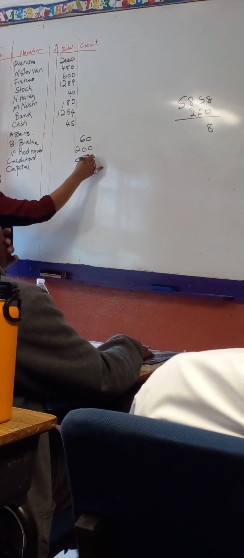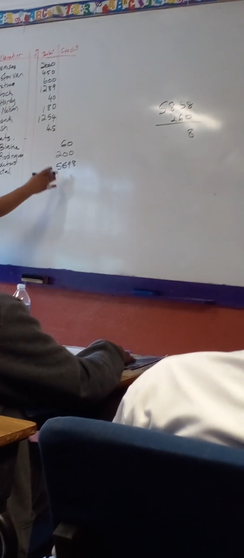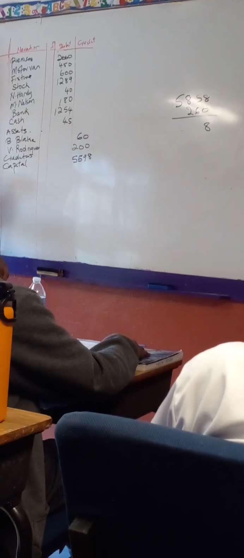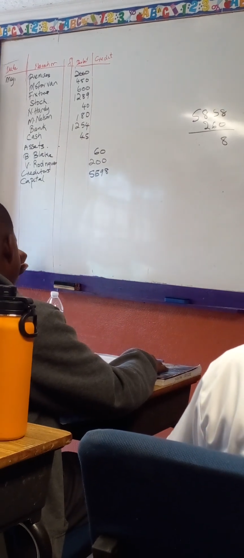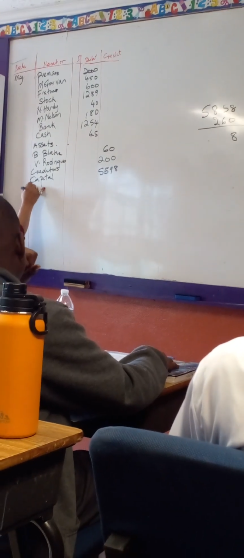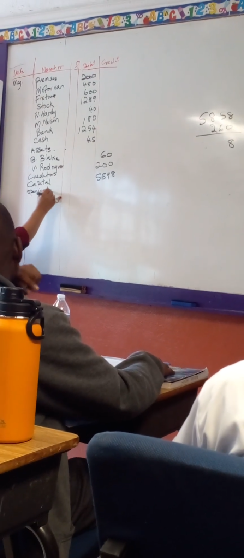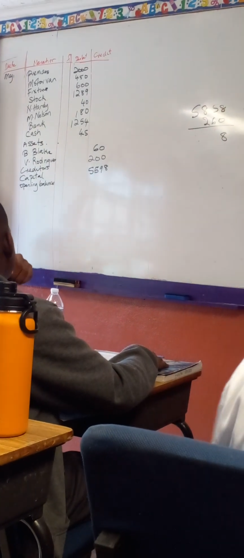If I tally this, this column would be equal to this column, so I'm good up to that step. That's my asset, that's my liability, and right here I could write my narration as opening balances. That's what they gave me at the beginning of the month.